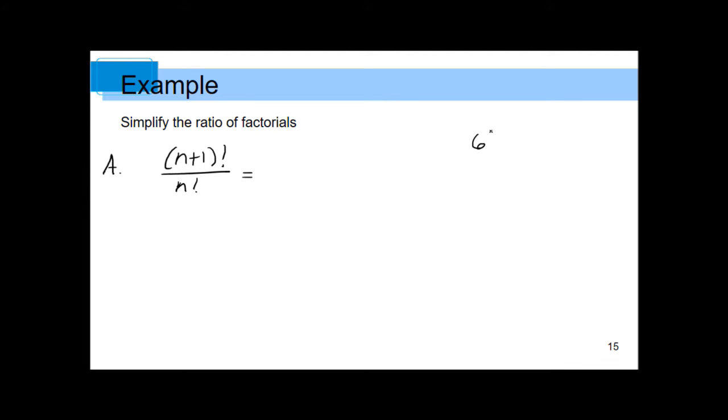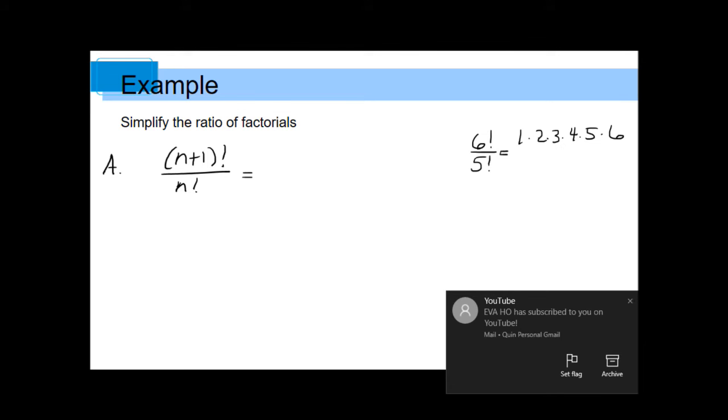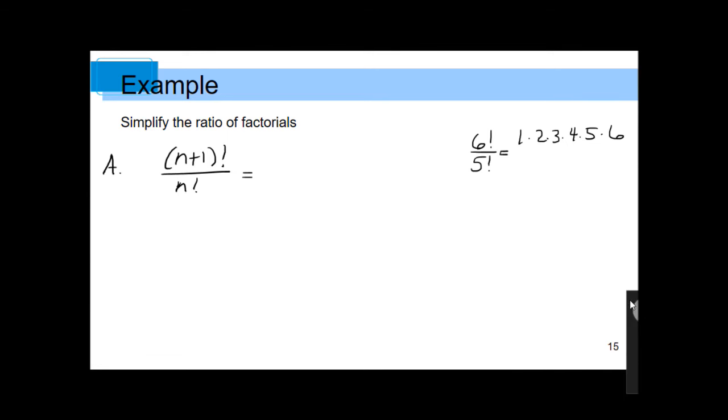Suppose we had 6 factorial over 5 factorial. 6 factorial is just multiplying 1 times 2 times 3 times 4 times 5 times 6. And then 5 factorial is 1 times 2 times 3 times 4 times 5. So what ends up happening is all of these cancel out and we're just left with a 6.